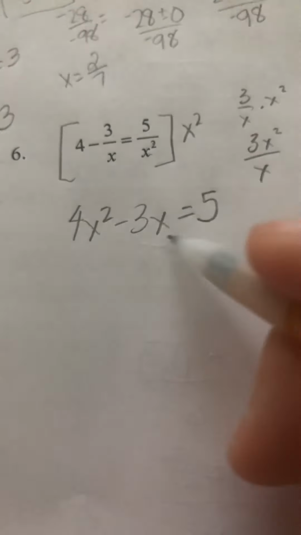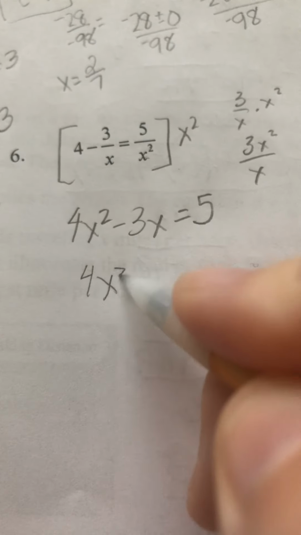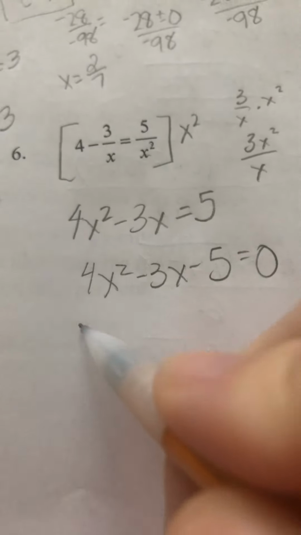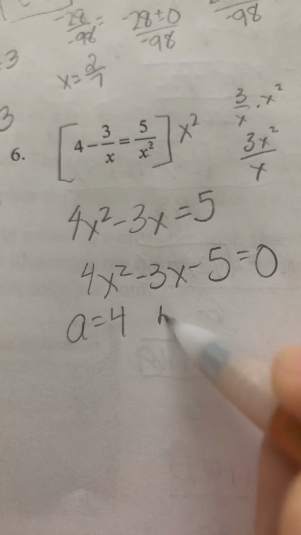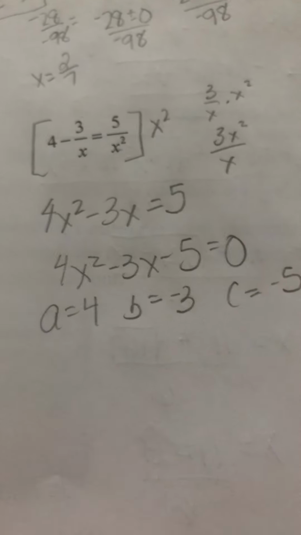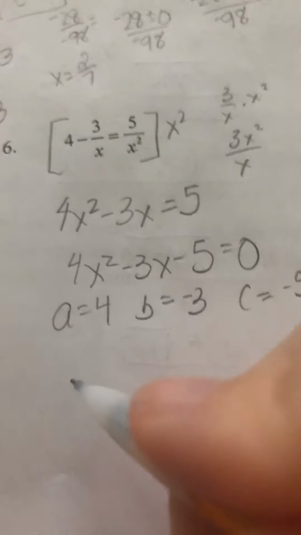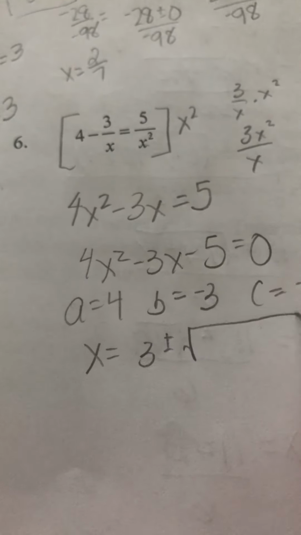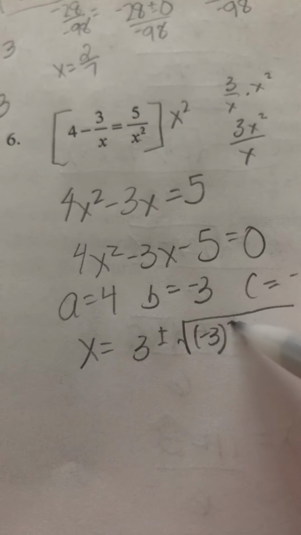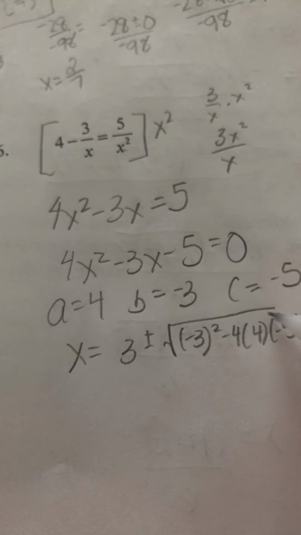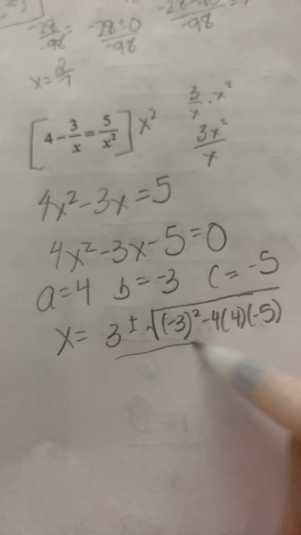Okay, so you have to clear out all the fractions. Move over 5. Decide what a, b, and c are. Okay, x equals the opposite of b, so 3 plus or minus the square root of, all over 2a.